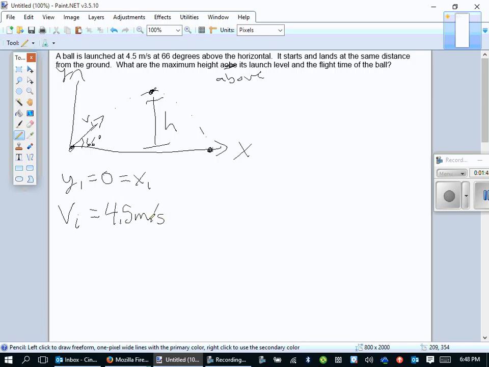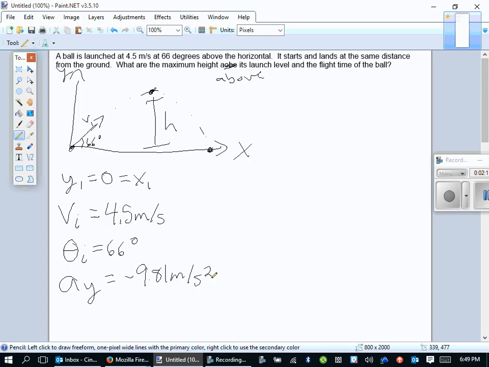We don't know how much is in x or y, so we're going to have to use the vector component method there. We know that the angle is 66 degrees. And we know the acceleration in the y direction is negative 9.81 meters per second squared, from gravity.